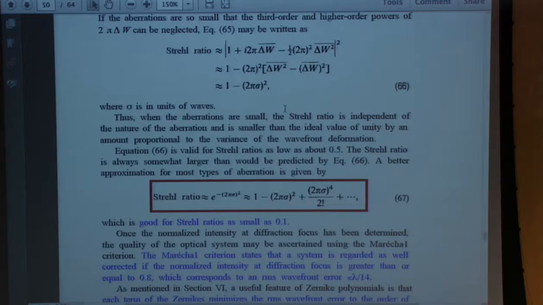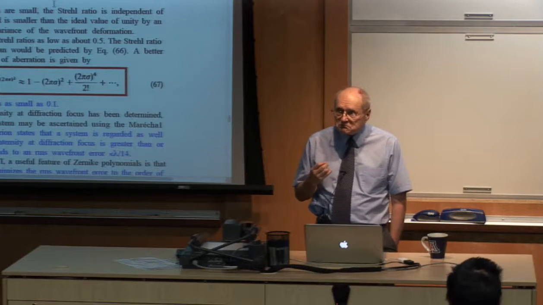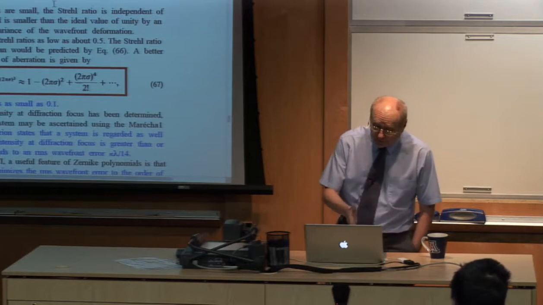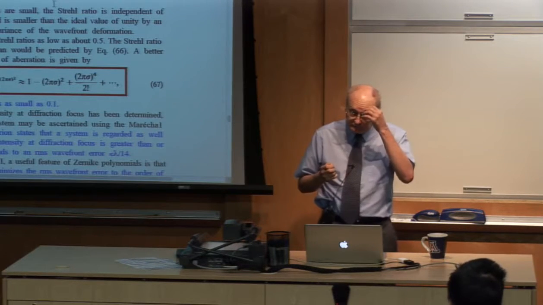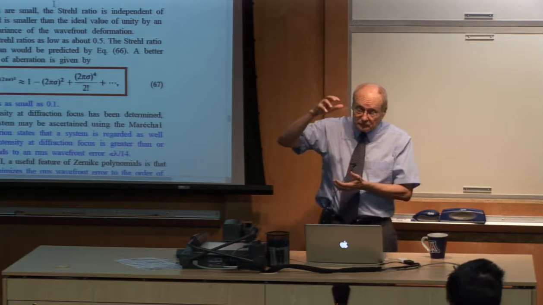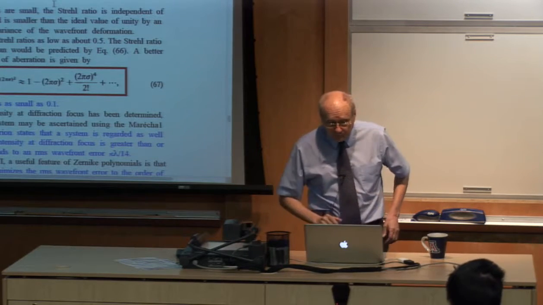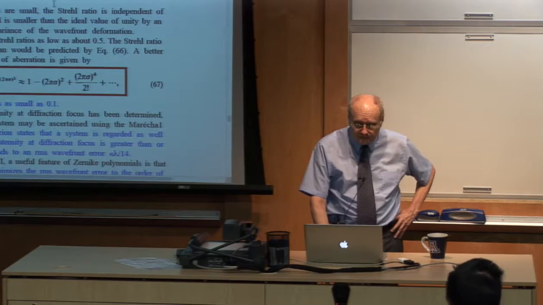This gives you another reason why expressing how good an optical system is in terms of the RMS might be pretty meaningful, because it relates directly to the Strehl ratio, which relates to what the peak intensity in the image would be with aberration divided by what it would be without aberration.